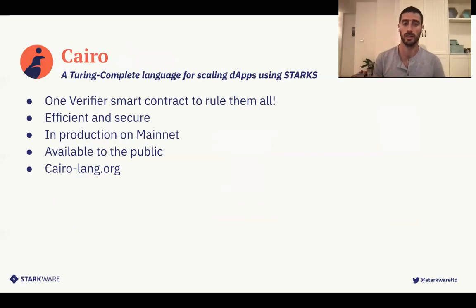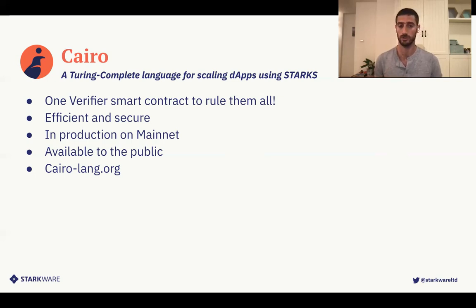So first of all, Cairo. I won't dive deeply into Cairo here because during this hackathon, there are many talks that Starkware has given and is going to give about Cairo. On Monday, we had a workshop which included an intro to Cairo and a live coding session. I encourage you to come to our Discord channel and search for it there.